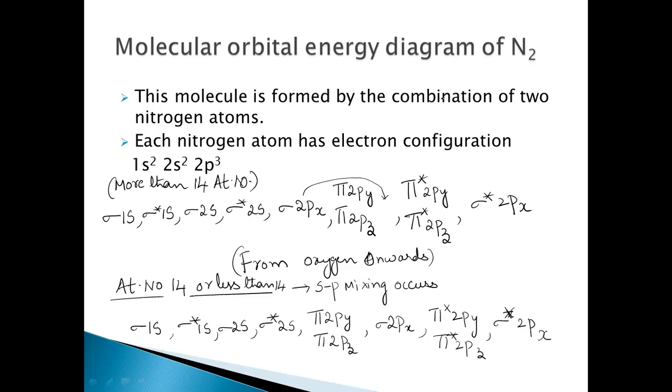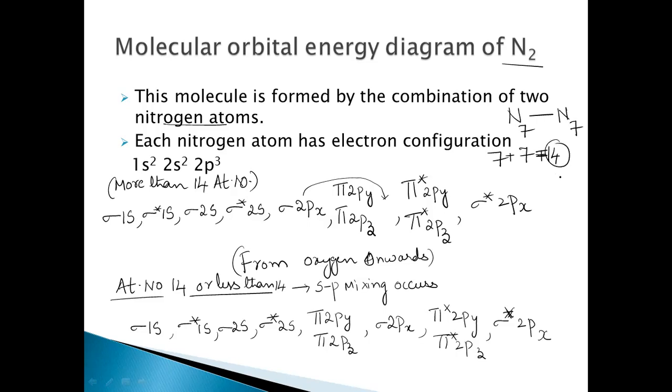Now we are dealing with the molecular orbital energy diagrams of N2, N2 plus, N2 2 plus, N2 minus, and N2 2 minus. What is the atomic number of nitrogen here? Dinitrogen is formed by the combination of two nitrogen atoms, each with atomic number 7, so 7 plus 7 is equal to 14.